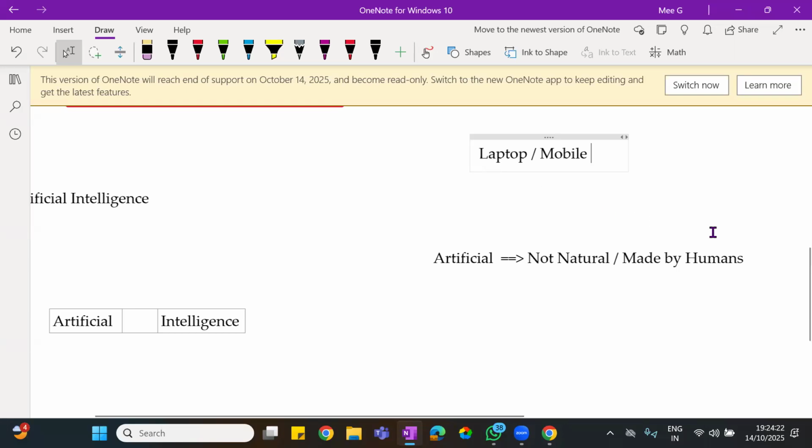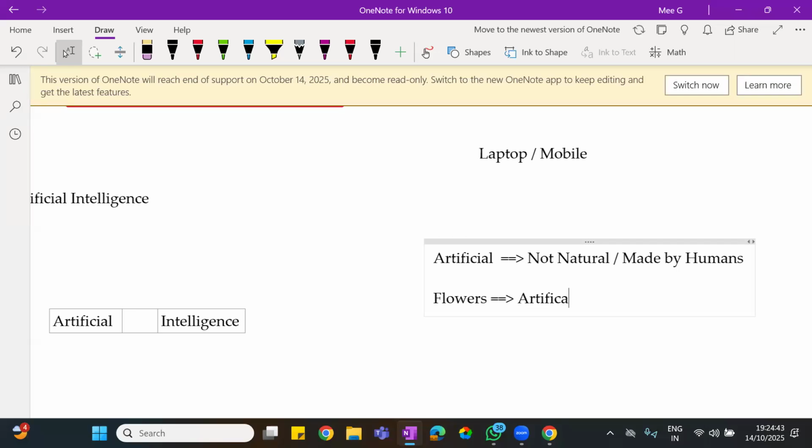Now, for example, there are flowers. Flowers naturally exist. They have their own fragrance, their own color, everything. Now, we make an artificial version of these flowers.